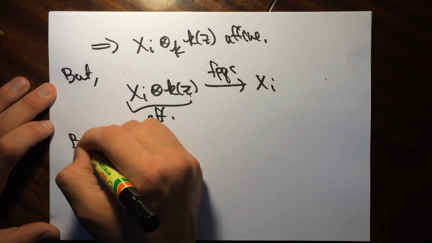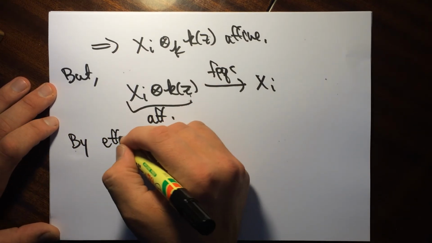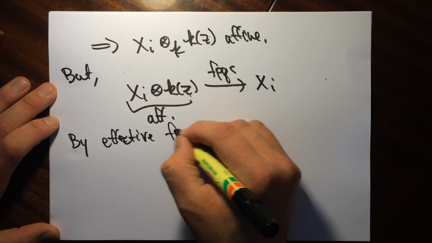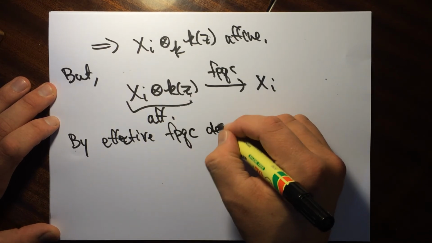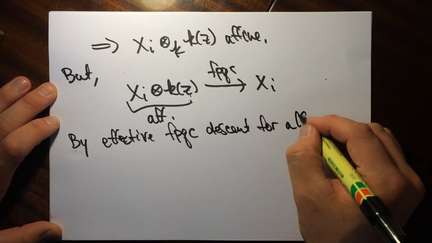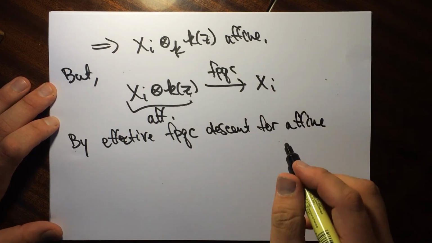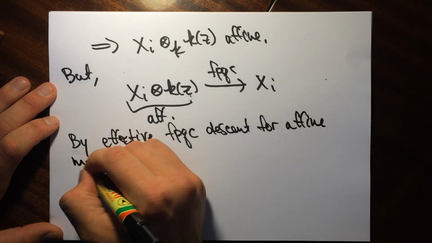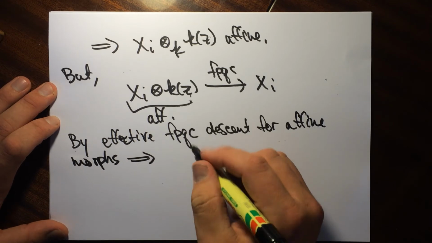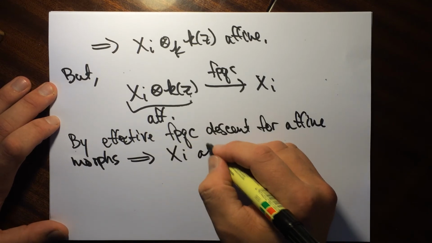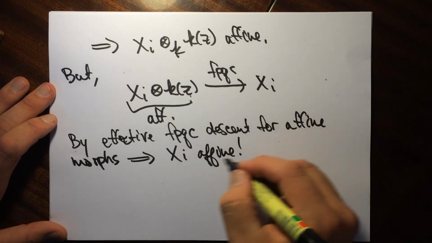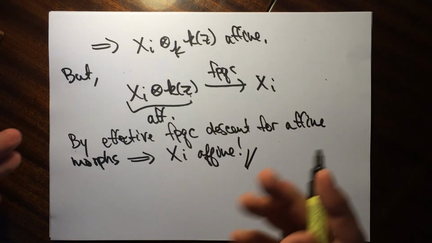So by effective FPQC descent for affine morphisms, this implies that xi is affine. Okay, and we're done. So we've shown that all xi are affine.